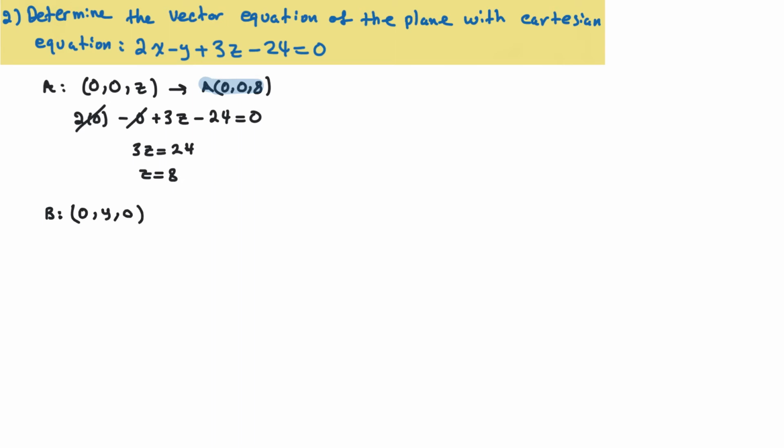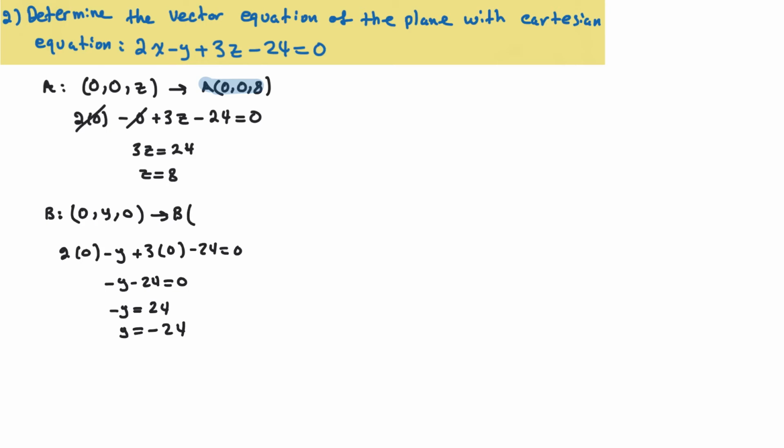And I'm going to plug it into our Cartesian form so that we get 2 times 0 minus y plus 3, our z value is 0, minus 24 is equal to 0, and we get negative y minus 24 is equal to 0, so negative y is equal to 24 by adding 24 to both sides, giving us y value is negative 24. And I'm going to plug that in here to get where my b value is 0, negative 24, and 0.